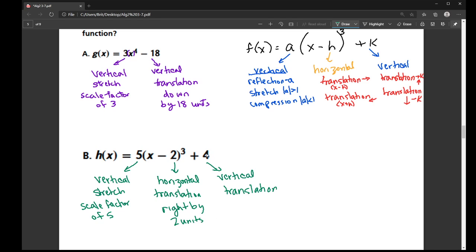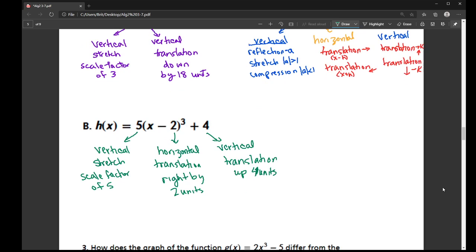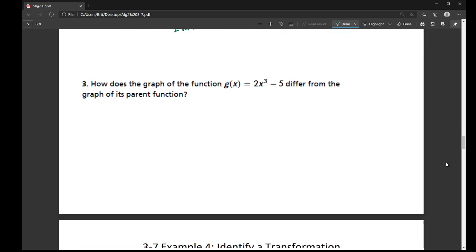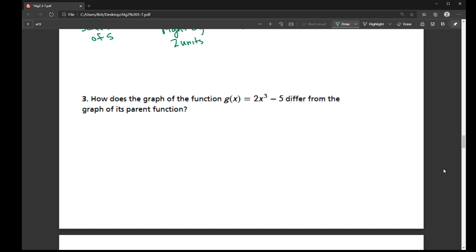And then out here, the vertical translation is more straightforward. When I add 4, I'm going to go up by 4 units. Alright, so let's try just one last one.